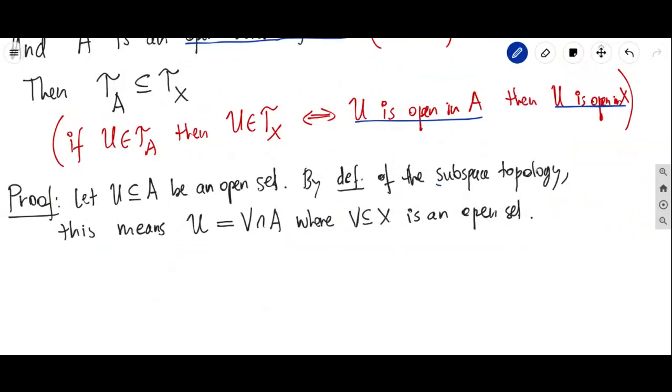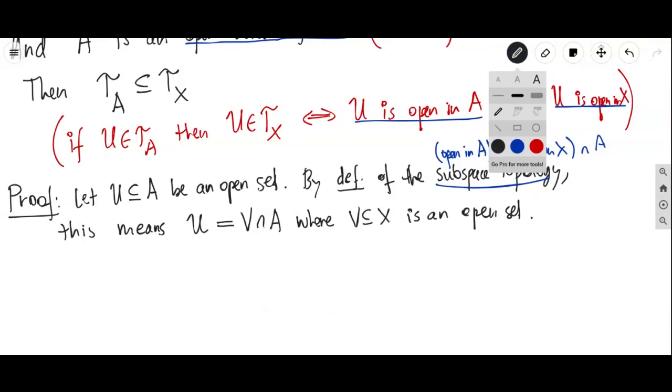To put it very simply, it says open sets in A have the form that they're open in X, and then intersected with A. That's the definition of the subspace topology. The open sets in A come from open sets in X, but they're being intersected with A. So this means that U has the form V intersect A, where V as a subset of X is an open set.